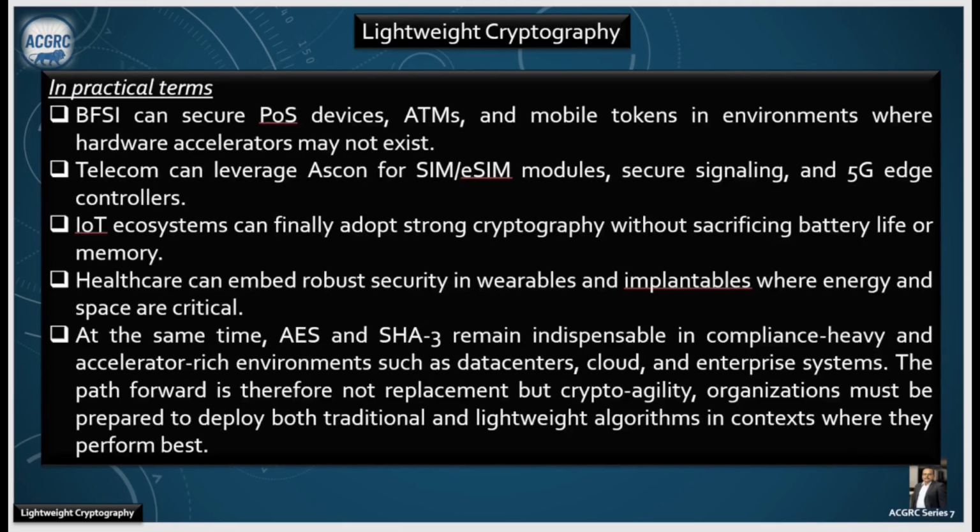In practical terms, BFSI can secure point of sale devices, ATMs, and mobile tokens in environments where hardware accelerators may not exist. Telecom can leverage Ascon for SIM and eSIM modules, secure signaling, and 5G edge controllers.